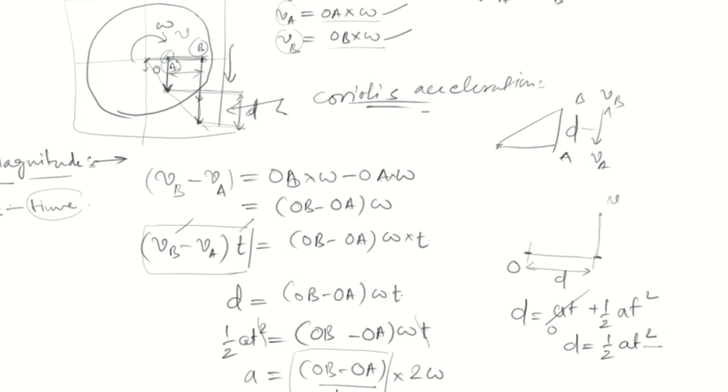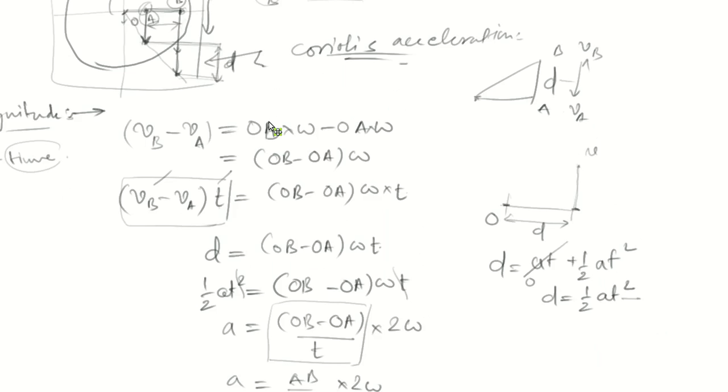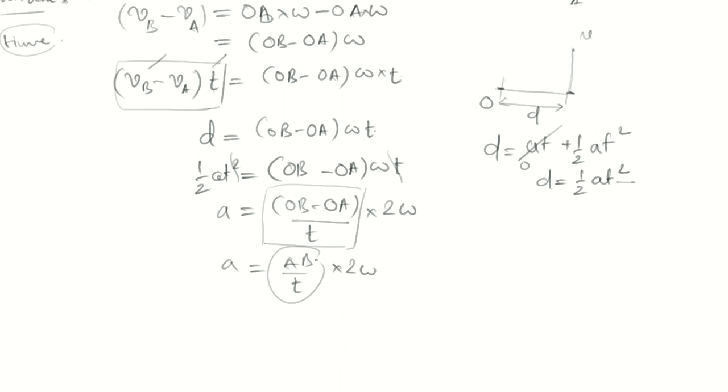The time taken to reach from point A to B is t, and the distance traveled is AB. Hence a is equal to 2 v omega. And this is the final equation for finding the magnitude of the Coriolis component of acceleration.